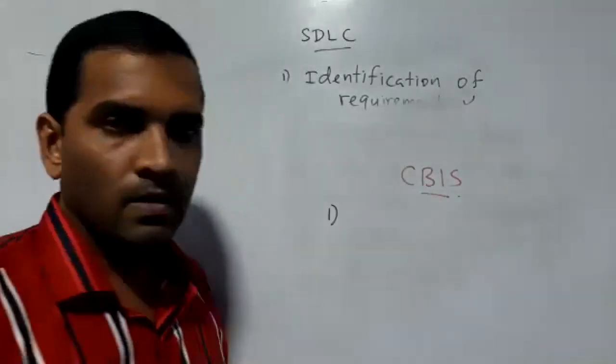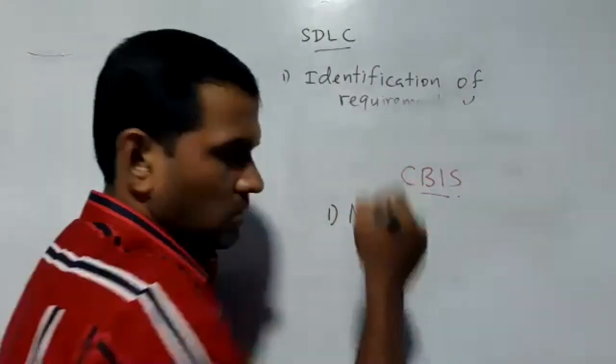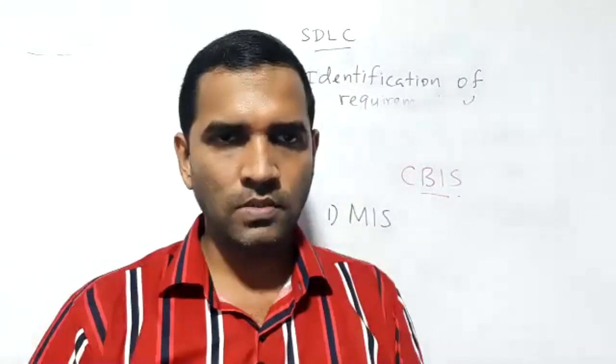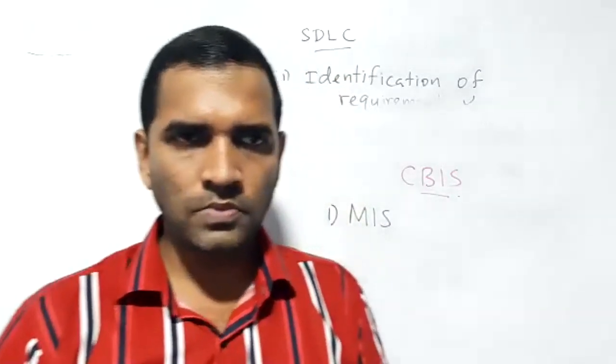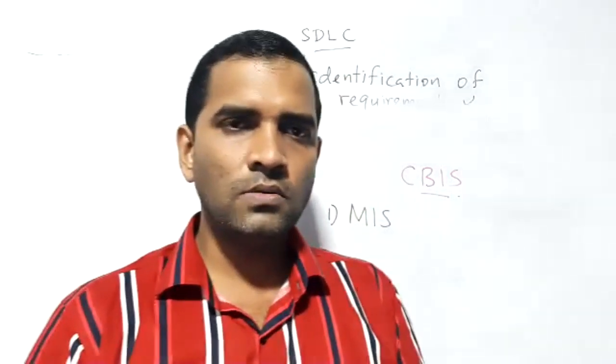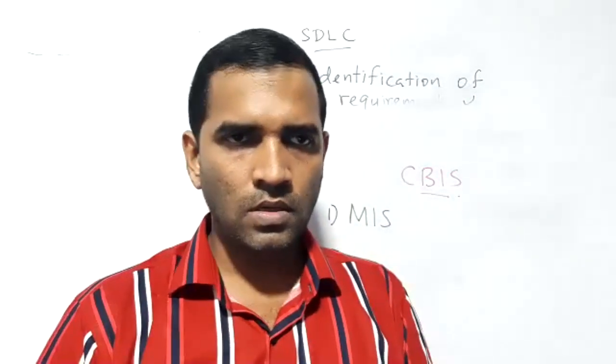Listen to me. Assume that you have a manual information system now. You are running a manual information system. Since that manual information system has some problems, you have decided to convert it into a computer-based one. Is it possible?